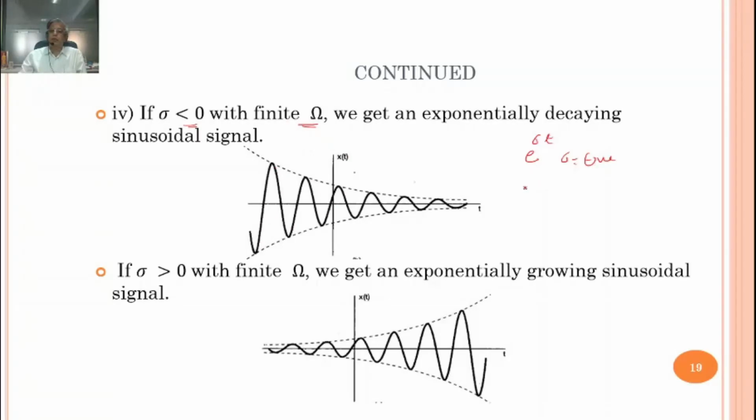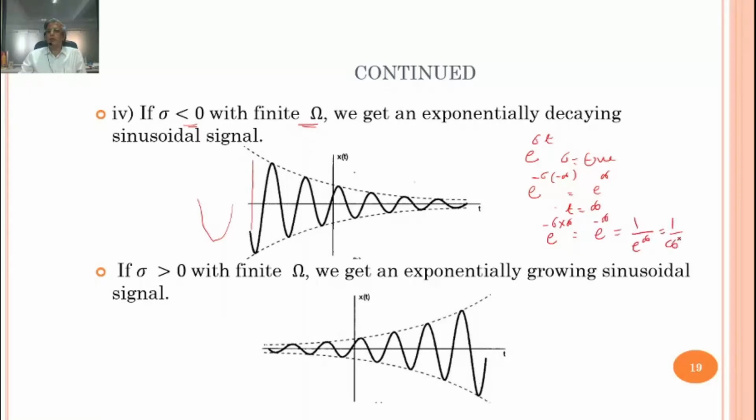Now we find that at t equal to minus infinity this value is infinity, and at t equal to infinity this value becomes e raised to minus sigma into infinity, that is e raised to minus infinity, that is 1 upon e raised to infinity.